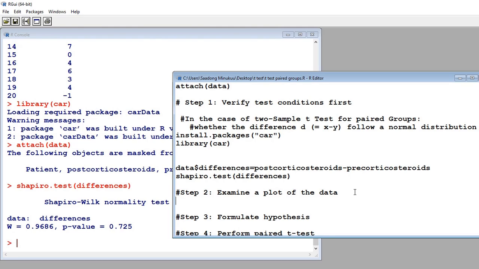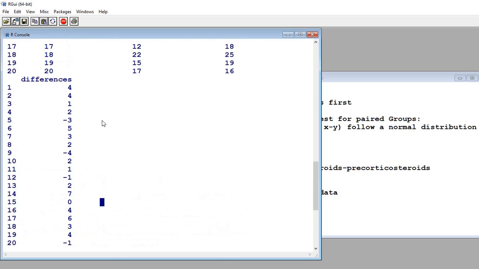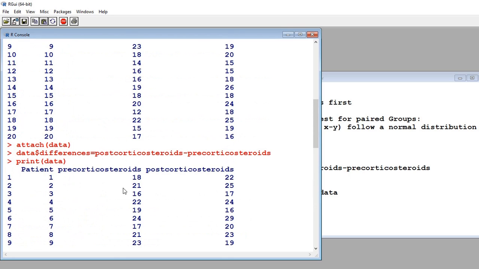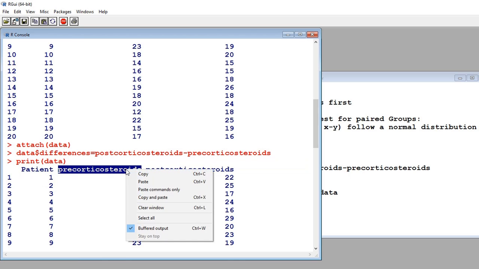So a simple way of examining our data with a plot is by using a box plot. All right, so if we just say boxplot in brackets, then we're going to have the box plot of, let's say, body mass index of patients before corticosteroid treatment and after corticosteroid treatment.